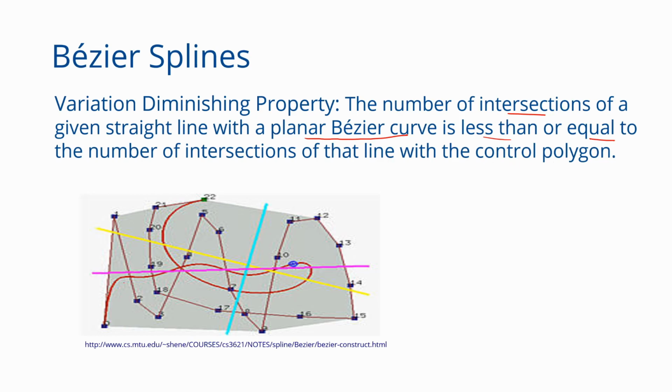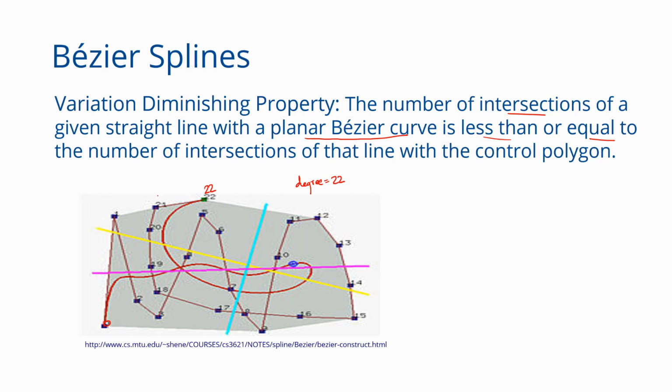So what does that mean? Here is an example where we have vertices numbered from 0 to 22. So there are 23 points here. So the degree of this curve is 22.